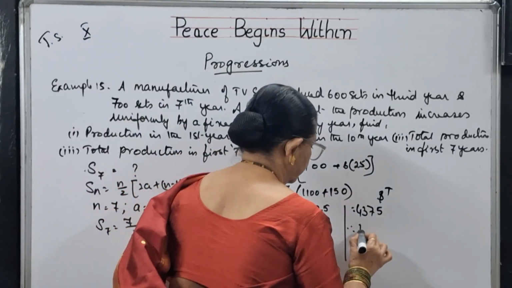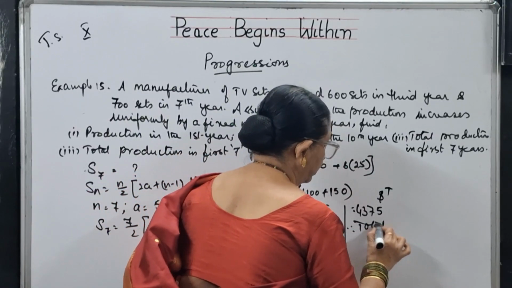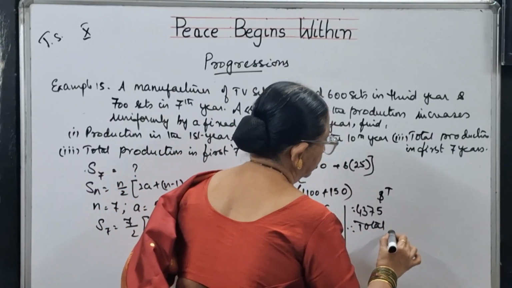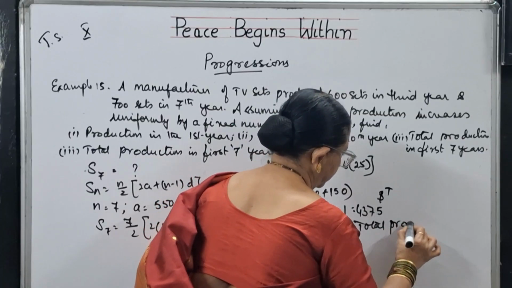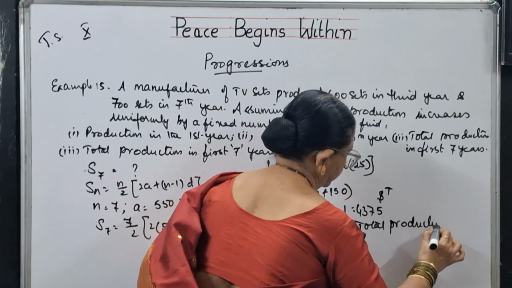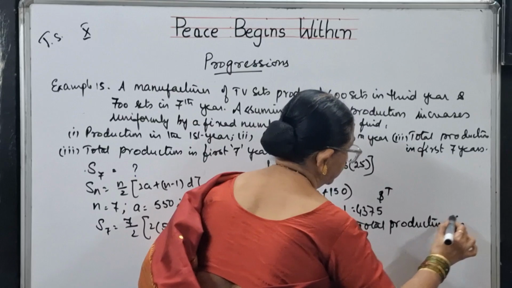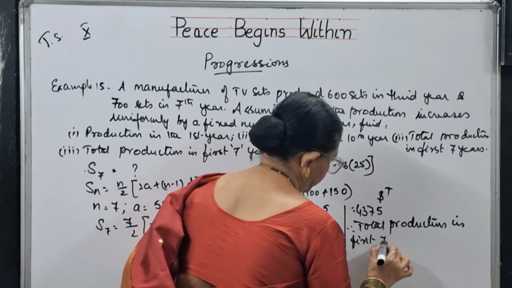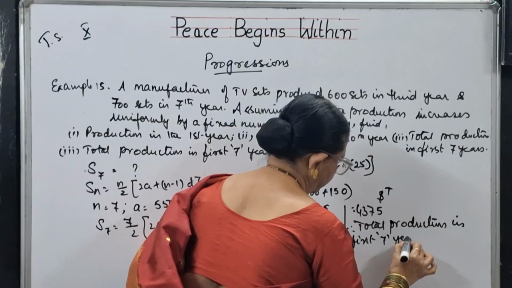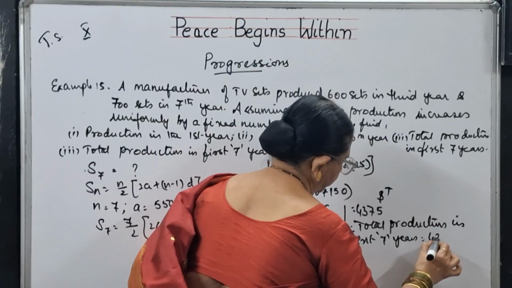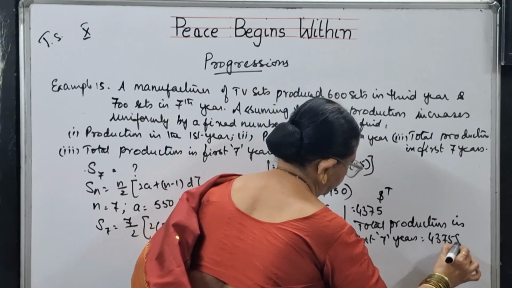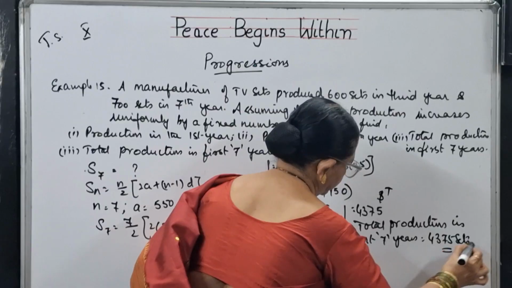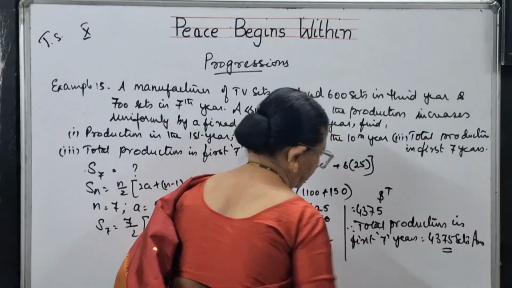Therefore, total production in first 7 years is equal to 4375 sets. This is the answer, children.